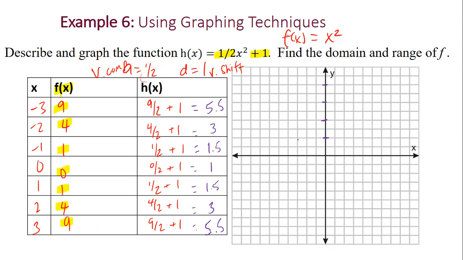Well, that's going to take me off. So 1, 2, 3, 4, 5. It's going to take me off the board a little bit. There's 5/2. I'm going to go to -2, 3. So go to -2, go to 3. I'm going to go to -1, 1.5. So -1 at 1.5.